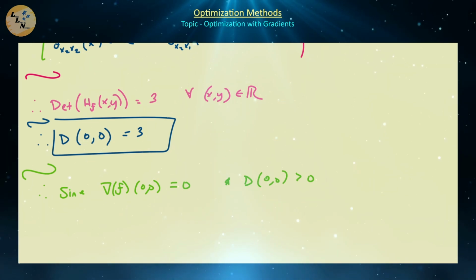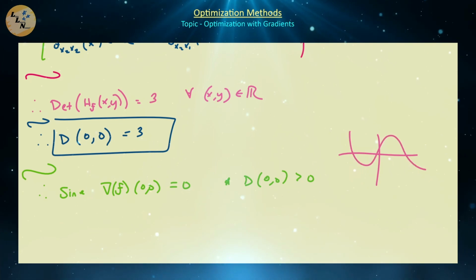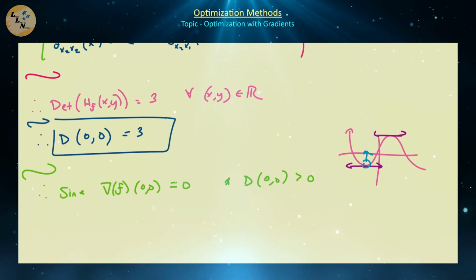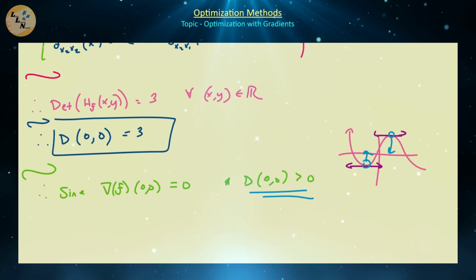If we think back to the one-dimensional case, with this type of curve, the gradient at the maximum and minimum points are both equal to 0, but at minimums the second derivative will be positive, and at maximums the second derivative will be negative. So notice that we have a second derivative that is positive at the critical point.